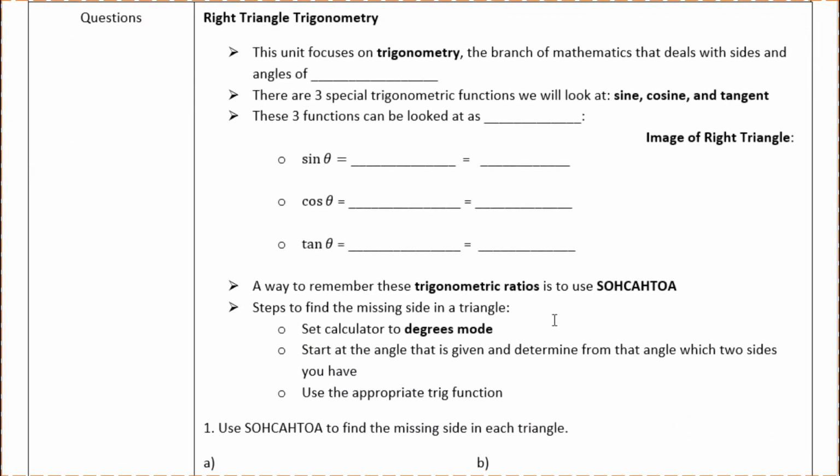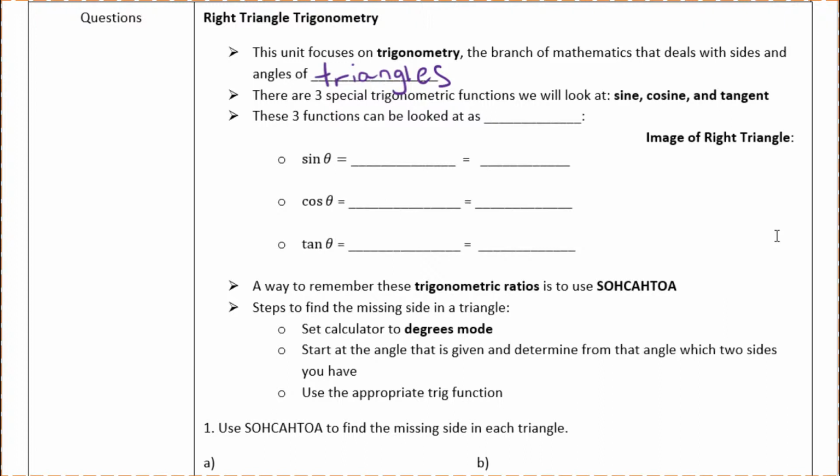So let's start talking about what trigonometry is. Like I said, this unit focuses on trigonometry, which is the branch of math that deals with sides and angles of triangles. There are three special trig functions that we'll look at in this lesson, and we'll focus mostly on these throughout the unit.